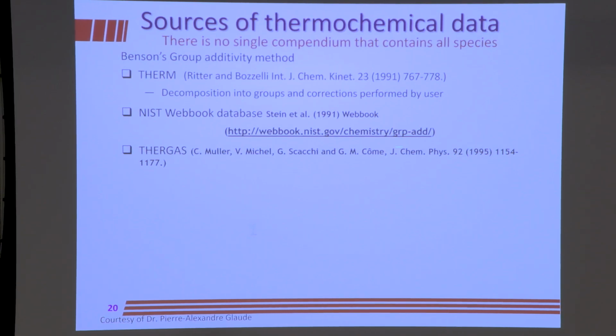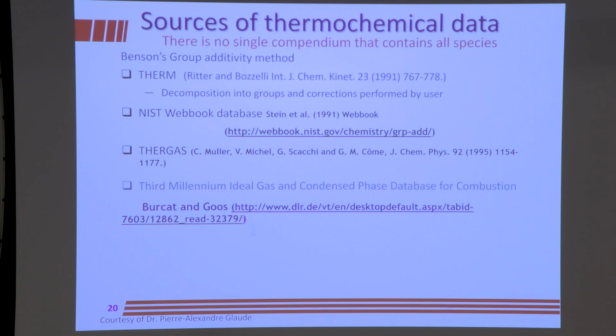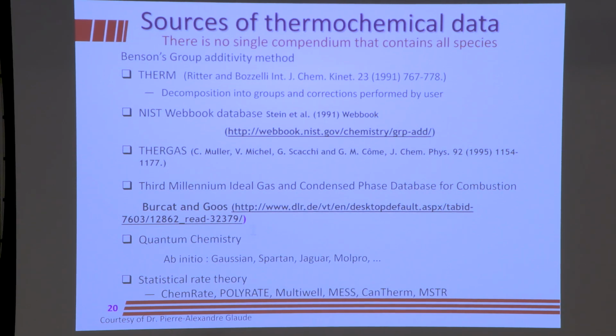We have Thergas, which was developed by Muller and Combe, but now Frédéric Battin-Leclerc in France, in Nancy, maintains it. Okay, we have the Third Millennium ideal gas and condensed phase database for combustion. That was from Burcat and Ruscic. And that's available. The link is there, and we also have, well, I'll show you in a minute.